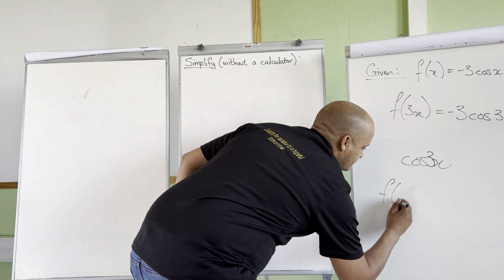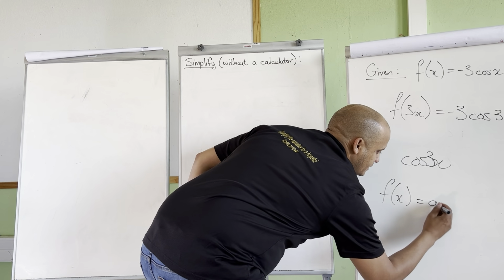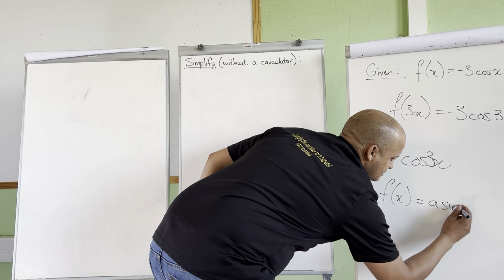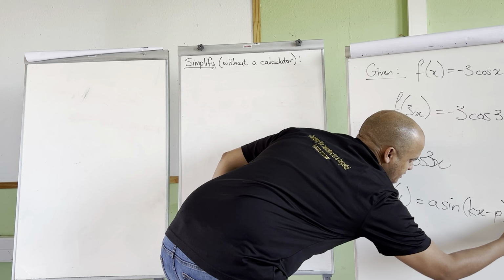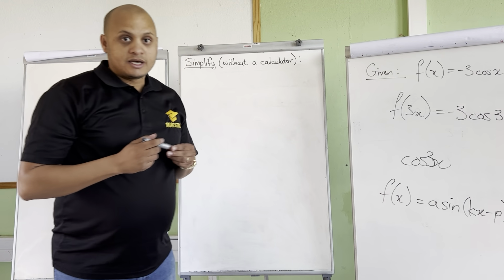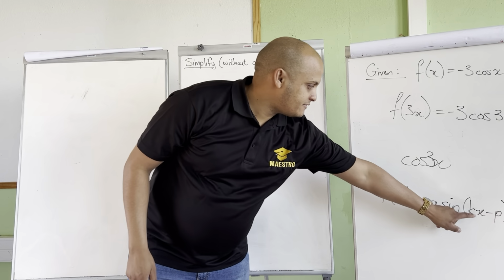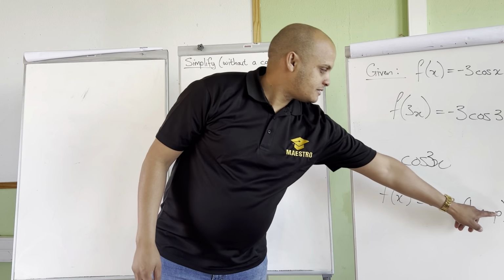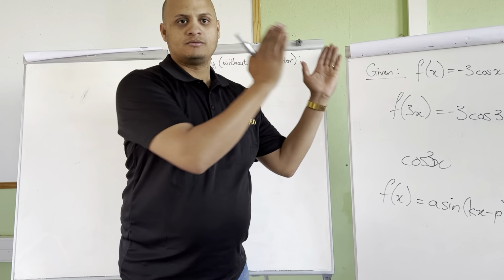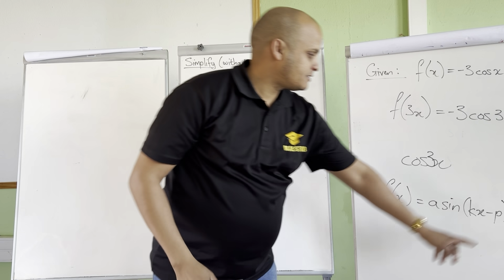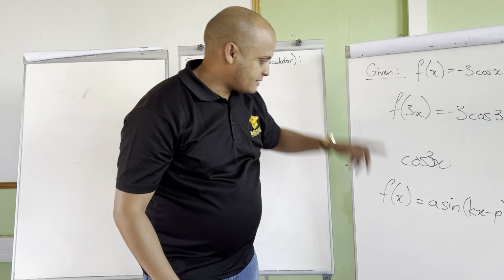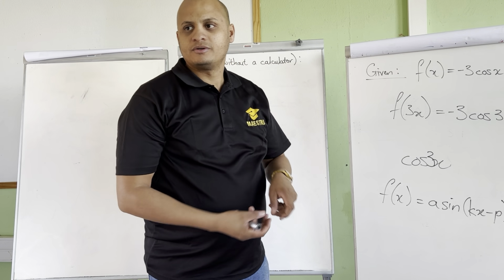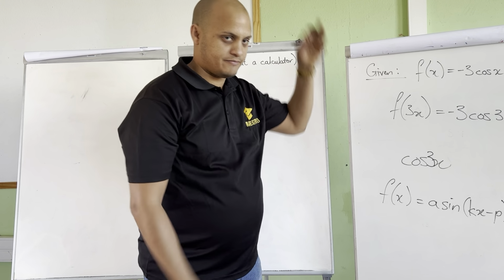Remember, f of x is equal to a sine of kx minus p, plus q. Standard form. The k value influences the period. The p value influences shifting on the x-axis. The q value gives you a new y-axis, moves up and down. And the a is the amplitude, stretches up and down.